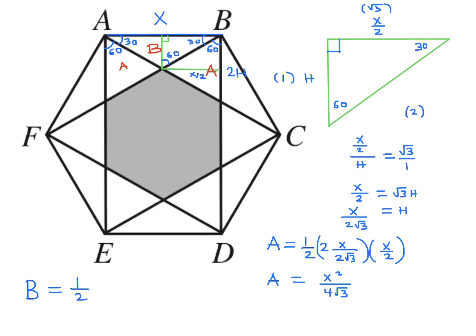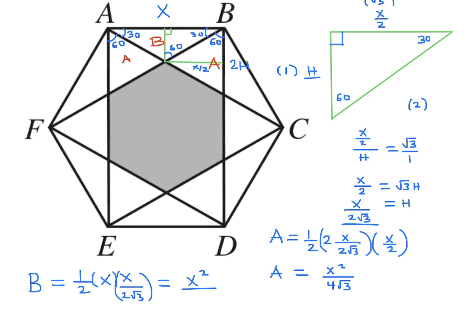The base is this whole thing right there, which is x. The height was from there to there, which we calculated as h, and h is right over here. It's x over 2 root 3. And if you simplify this, it becomes x squared over 4 root 3.